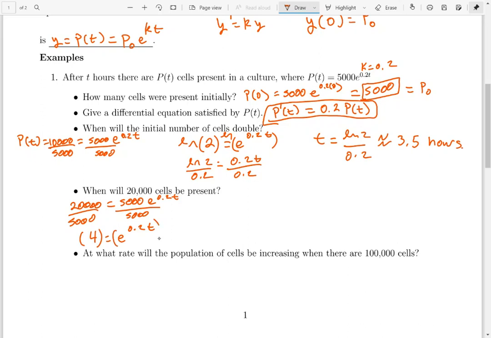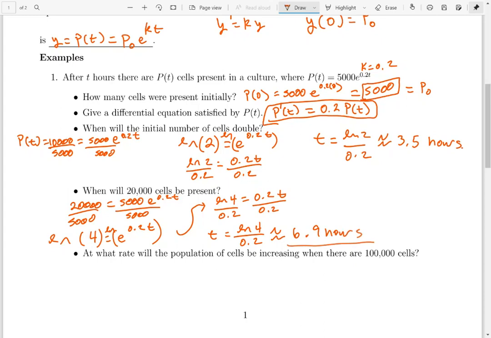I can take the natural log of both sides, and so I get that the natural log of 4 is equal to 0.2 times t. Divide by 0.2, divide by 0.2. I get that t is equal to the natural log of 4 divided by 0.2, which is approximately 6.9 hours.